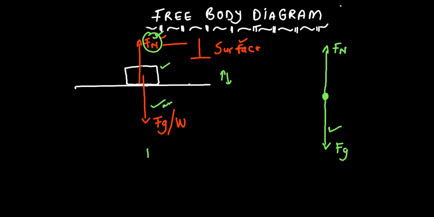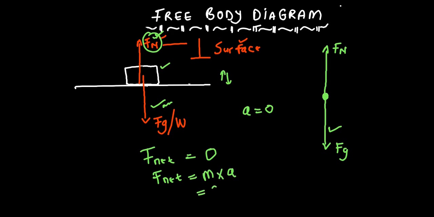Since the box is not moving, the net force equals 0, because the acceleration equals 0, and we say that our net force equals the mass multiplied by the acceleration. So any number that you multiply by 0 is going to give you 0. That's why the net force in this case equals 0 Newton.